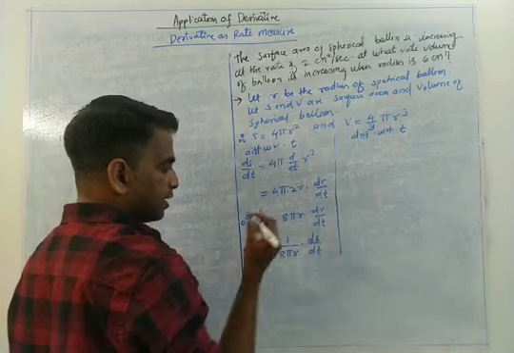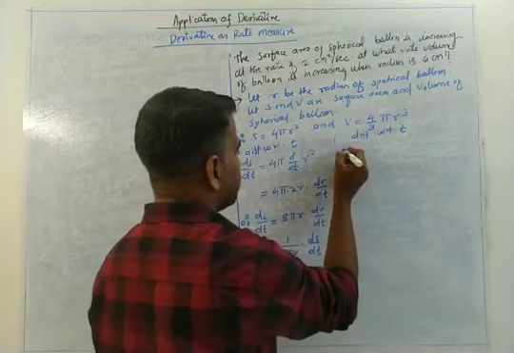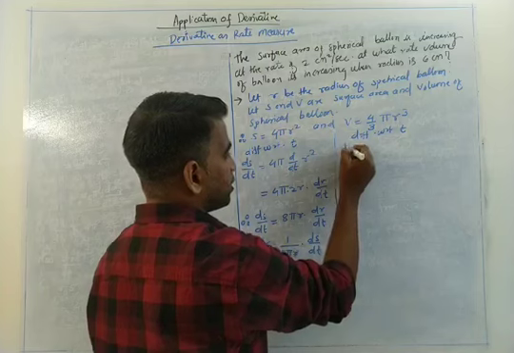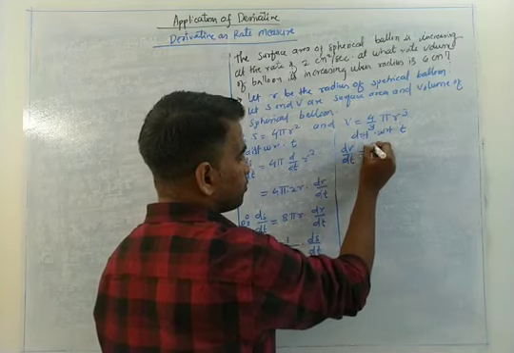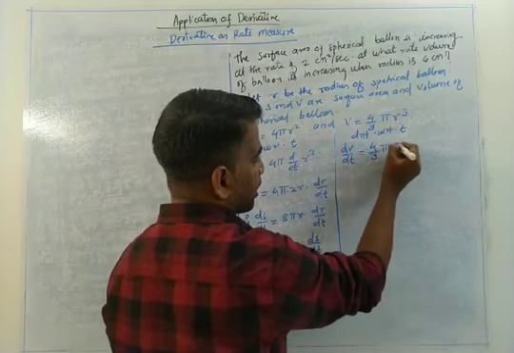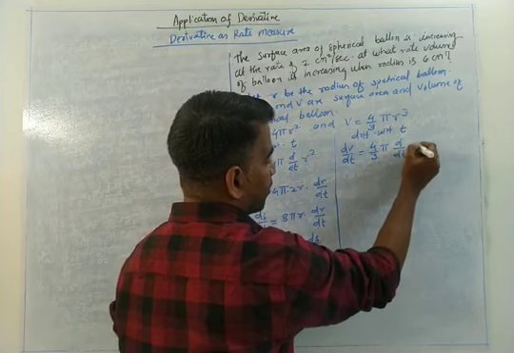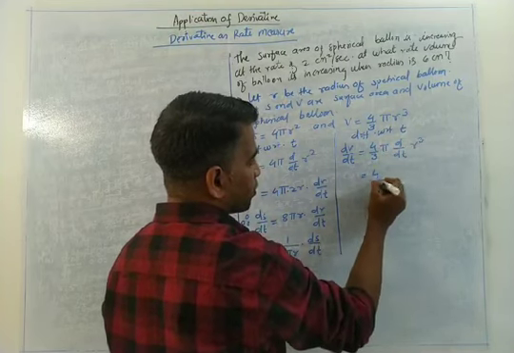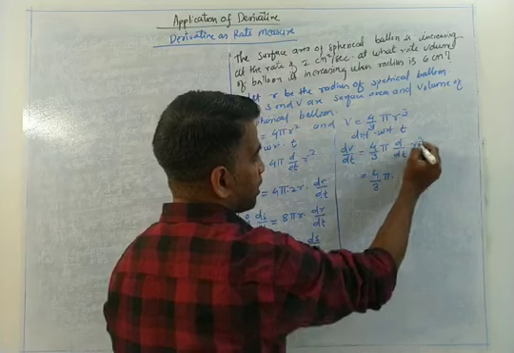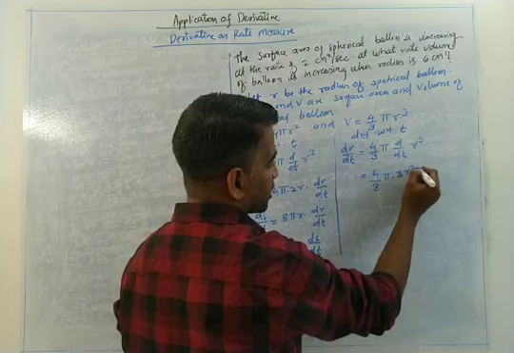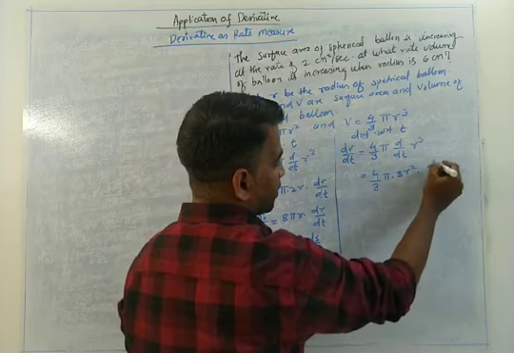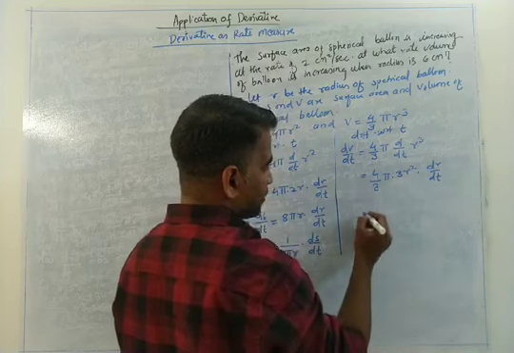Is it clear? Similarly we find dV by dt. dV by dt is equal to 4 by 3 pi d by dt of r cube. So 4 by 3 pi, derivative of cube is 3r square and derivative of r is dr by dt.